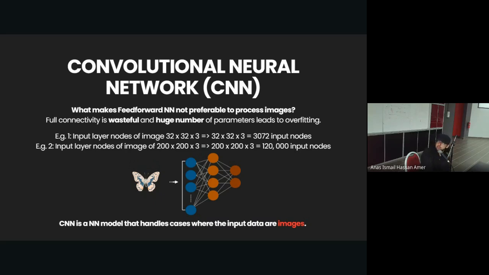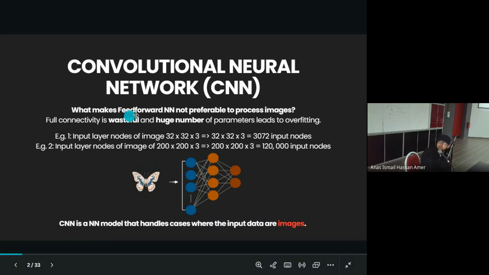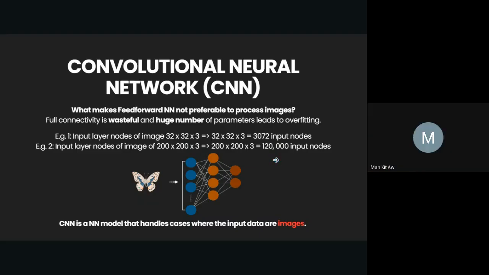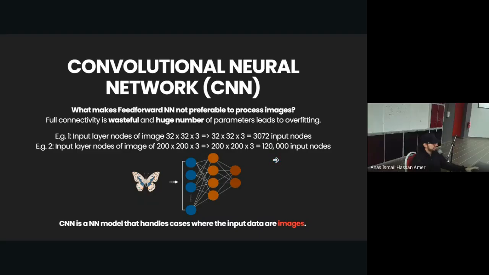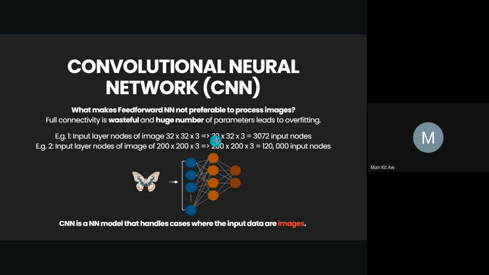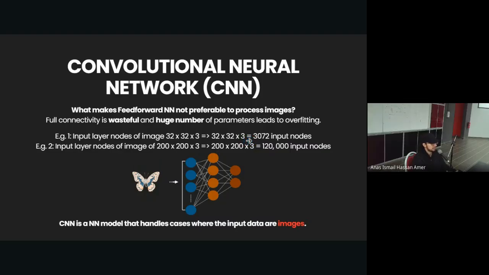So the problem with the notion before is that images are very large, usually. They have a lot of pixels. So if you imagine a total image that is 32 by 32 by 3, these are channels.